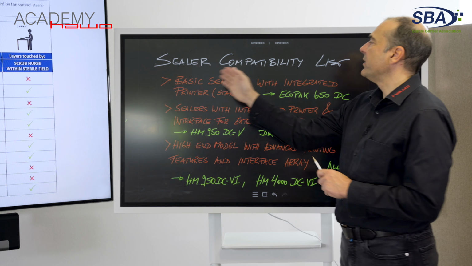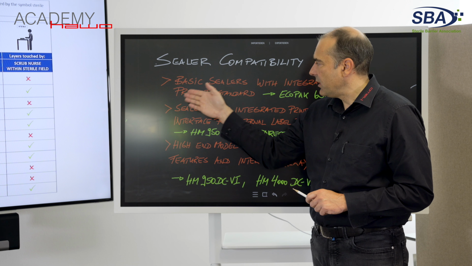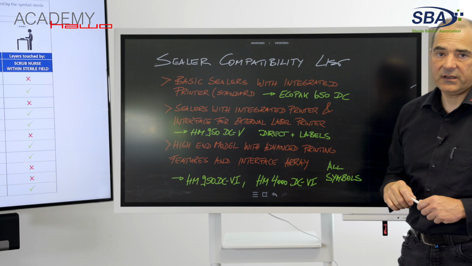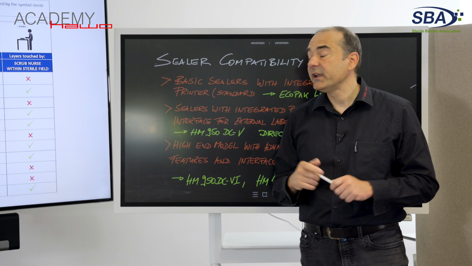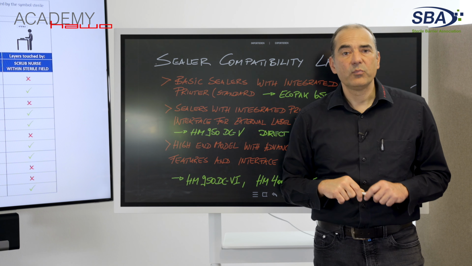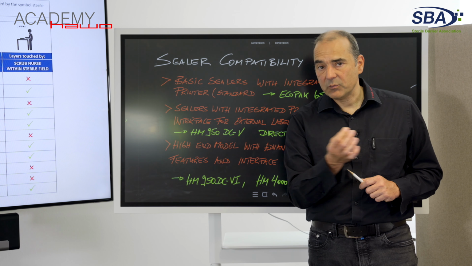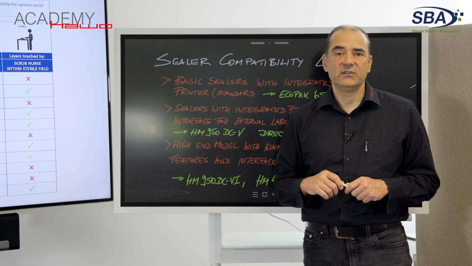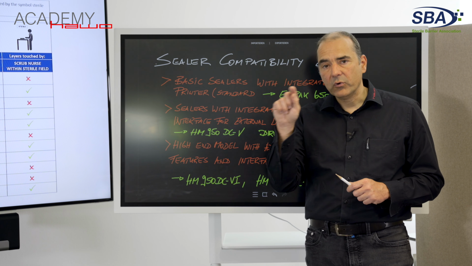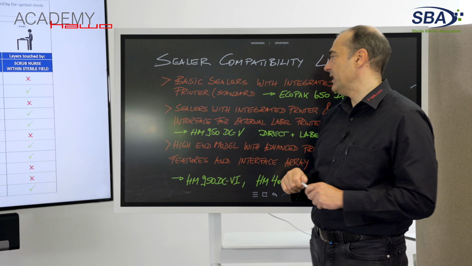Well, as a simplified sealer compatibility list, I would like to put forward basically three model ranges. Very basic sealers with integrated printers can do the direct print on the back of the sterile barrier system, however only the full line, the solid line, not the dashed line.